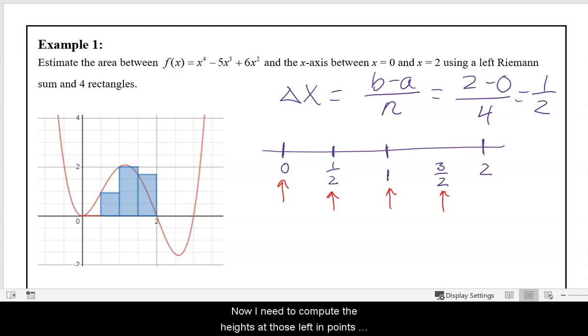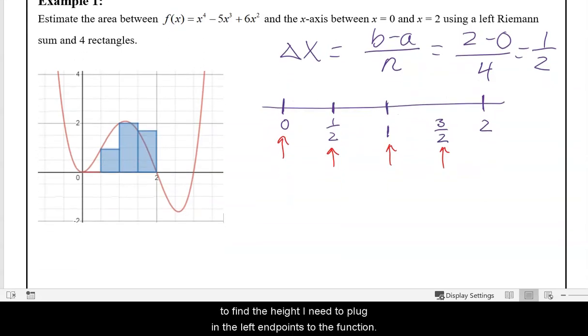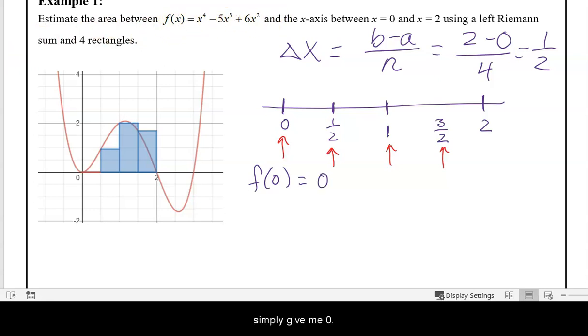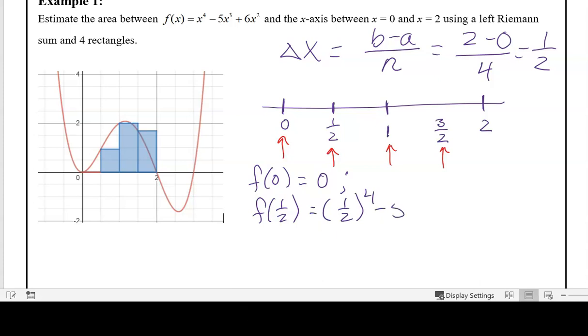Now I need to compute the heights at those left endpoints. To find the heights, I need to plug in the left endpoints to the function. f of 0 plugged into the function you see here will simply give me 0. f of 1/2 plugged into that function will give me 1/2 to the fourth minus 5 times 1/2 quantity cubed plus 6 times 1/2 squared.